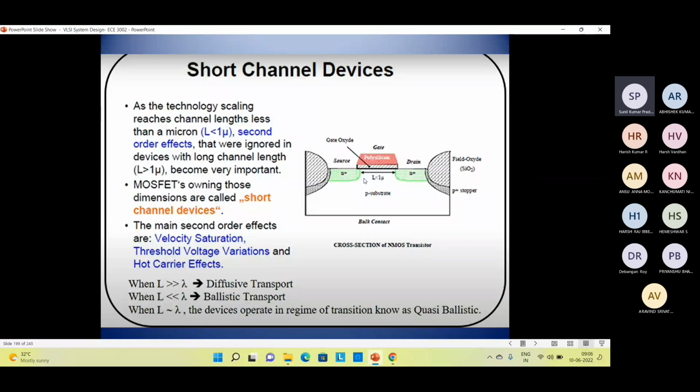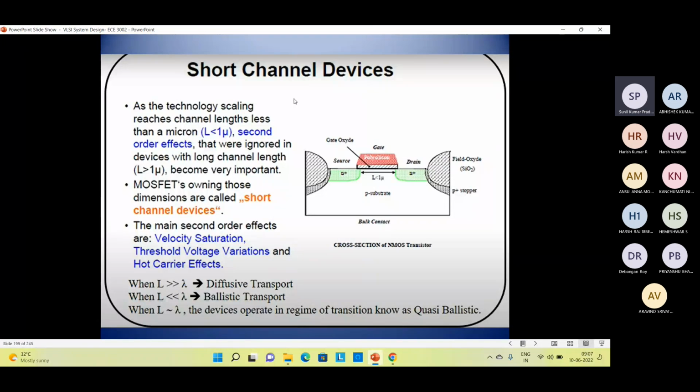As technology scaling reaches lengths less than one micrometer, second order effects that were ignored in devices with long channel length, which is greater than 1 micrometer, now matter. Due to this dimension, we call them short channel devices.